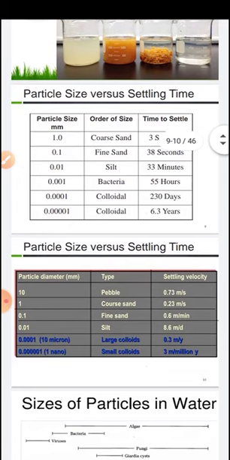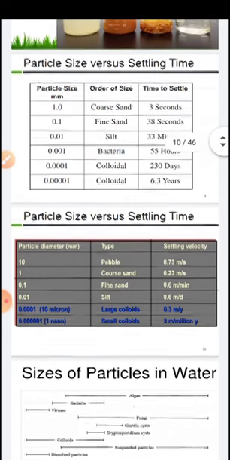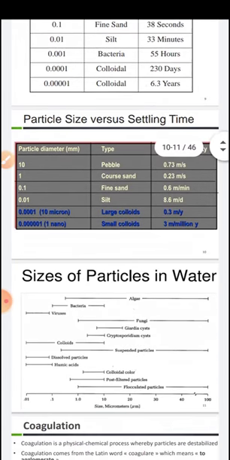And then we have some other comparisons with settling velocities, and again you can observe the trend as we move towards the smaller sizes.